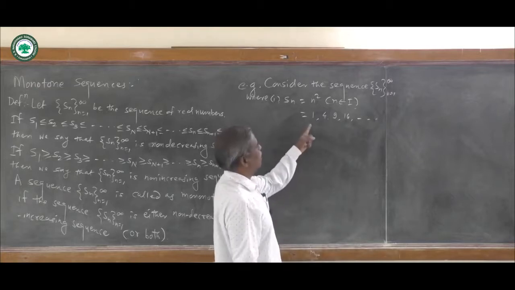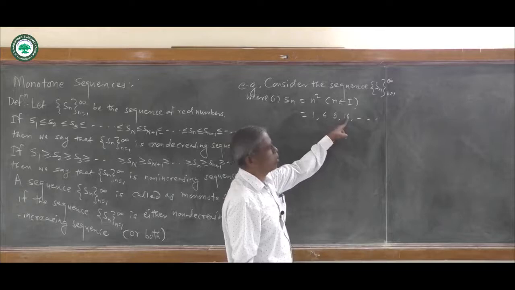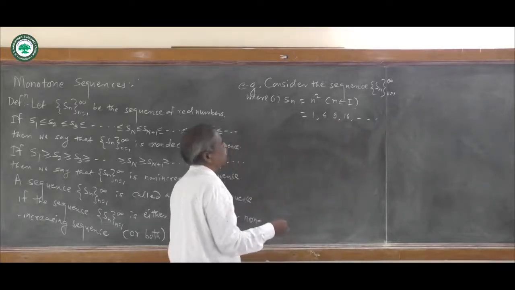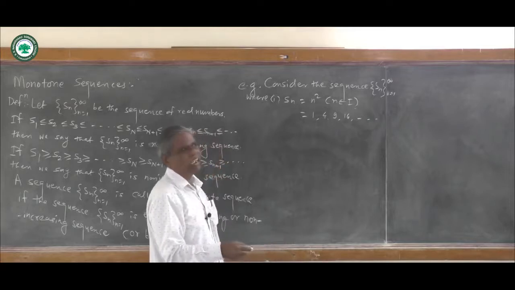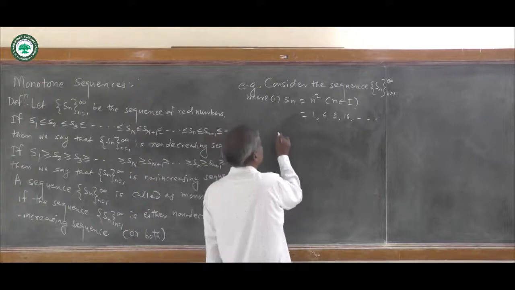First term is S1 less than or equal to S2, S2 less than or equal to S3, S3 less than or equal to S4 and so on. Therefore, the sequence S_n is non-decreasing but not non-increasing.